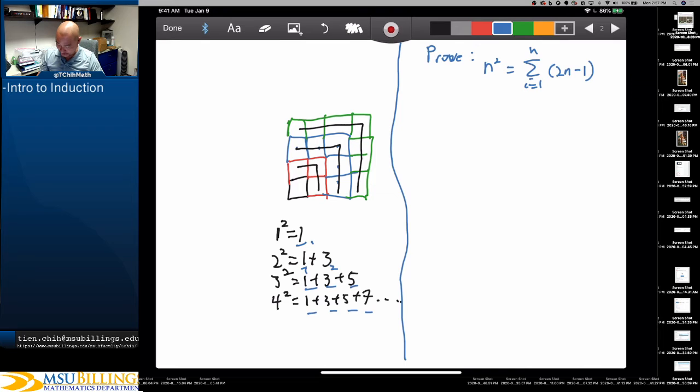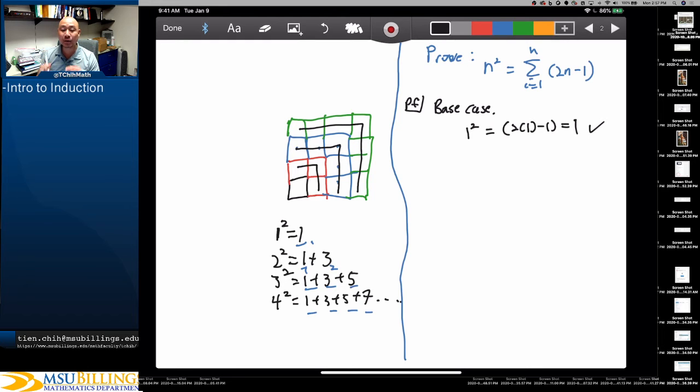Alright, so again we have our base case. 1 squared is equal to 2 times 1 minus 1, which is all 1, so that's checked off, right?